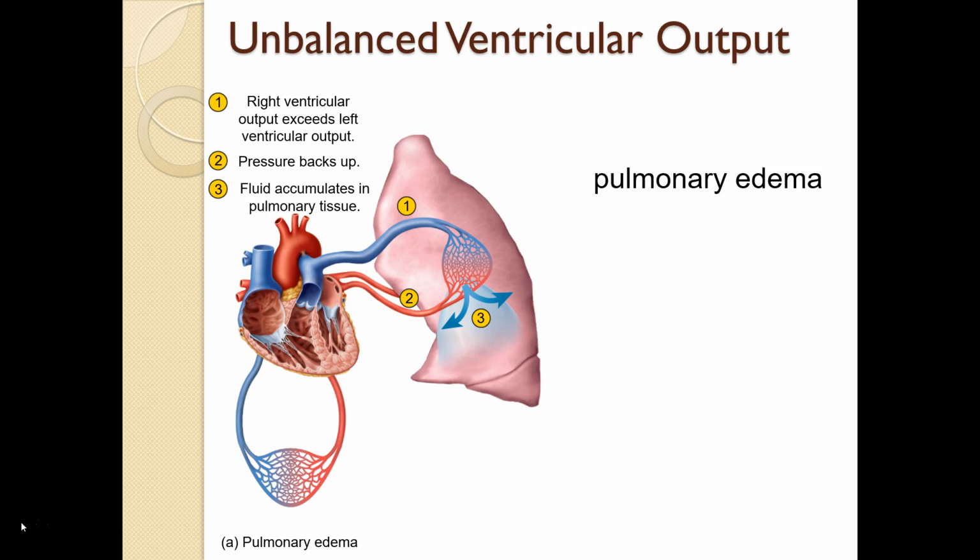So if your right ventricles are sending out more blood than the left ventricles, basically the right ventricle is sending blood to the lungs, but when that blood gets to the left ventricle, it's not going to pump out as much. So where does that extra stay? The extra blood is going to stay where? In the lungs. Okay, so that results in pulmonary edema.